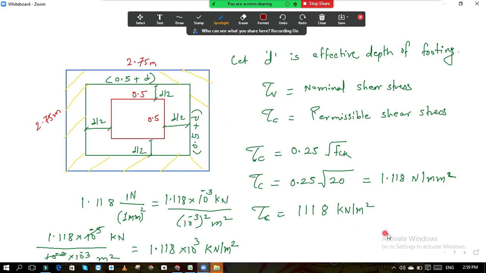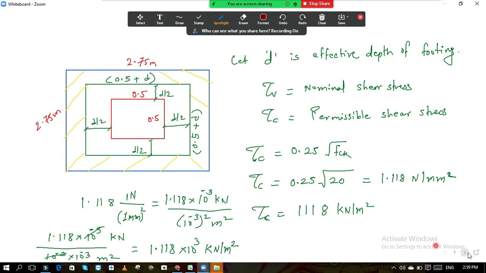What is the value of that hatched area? If you subtract this inside area, which is the punched area, from the area of the footing, you will get this remaining area.